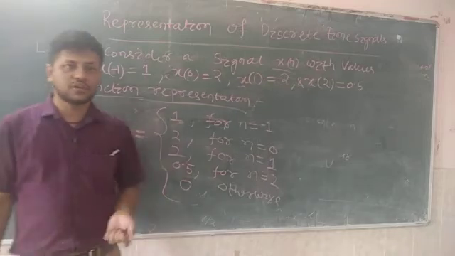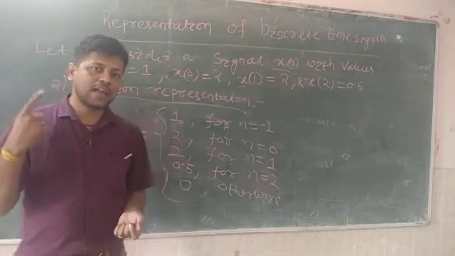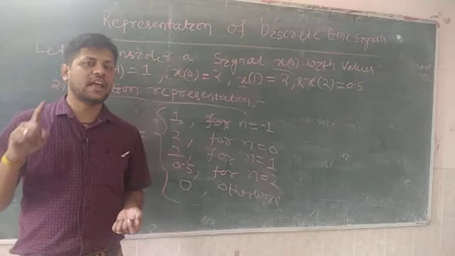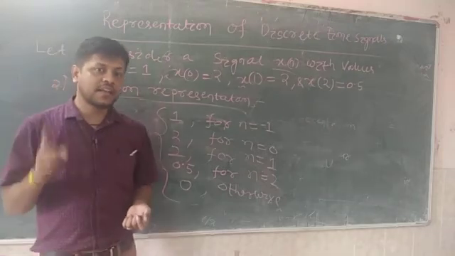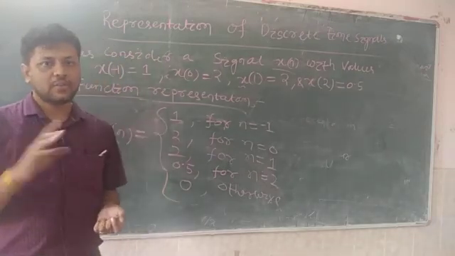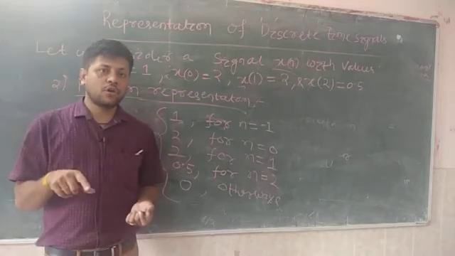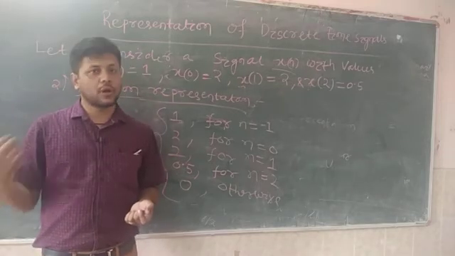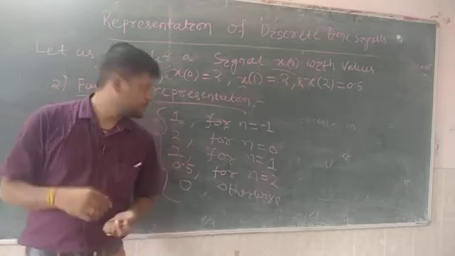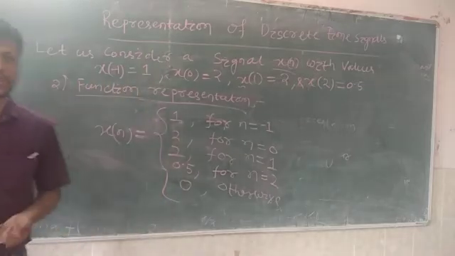But in digital signal processing, we deal with only one dimensional signal, and the independent variable is always the discrete time n, and this n is always an integer. It can never be a fractional value, and it takes values from -infinity to +infinity, but only integers. So this is your functional representation.